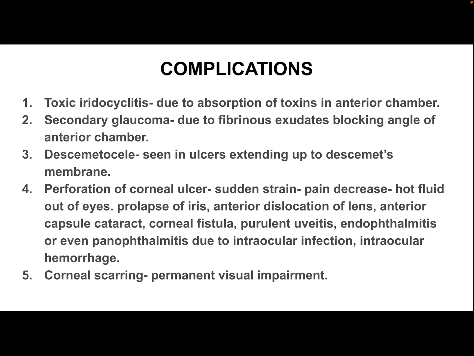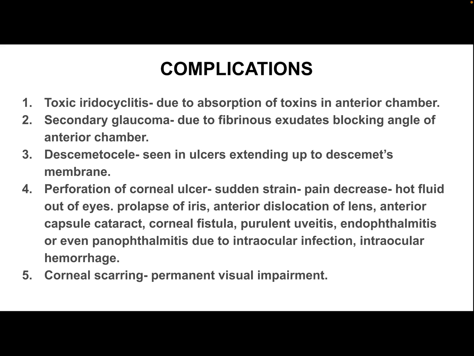Then anterior capsule cataract. This is when the lens will come and fall onto the pupillary area, like where the perforation has taken place. Then corneal fistula can take place, where continuously aqueous humor is coming out. Then there can be purulent uveitis, endophthalmitis, or even panophthalmitis due to intraocular infection.